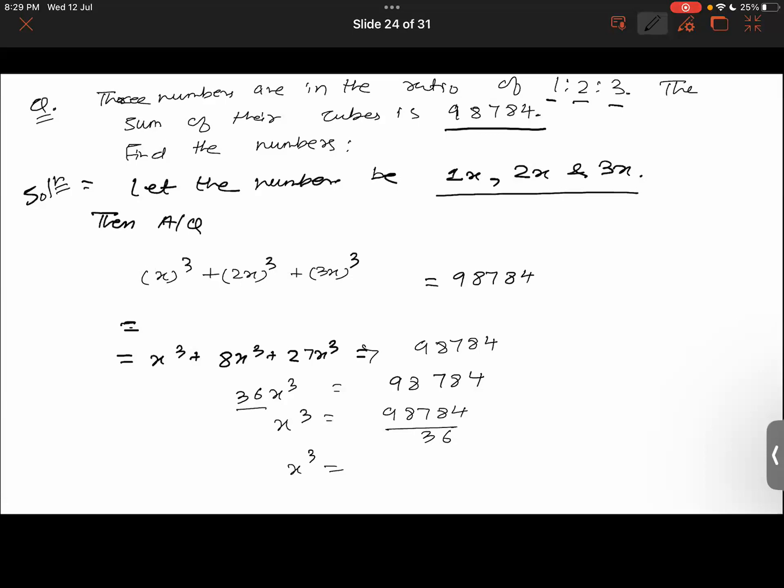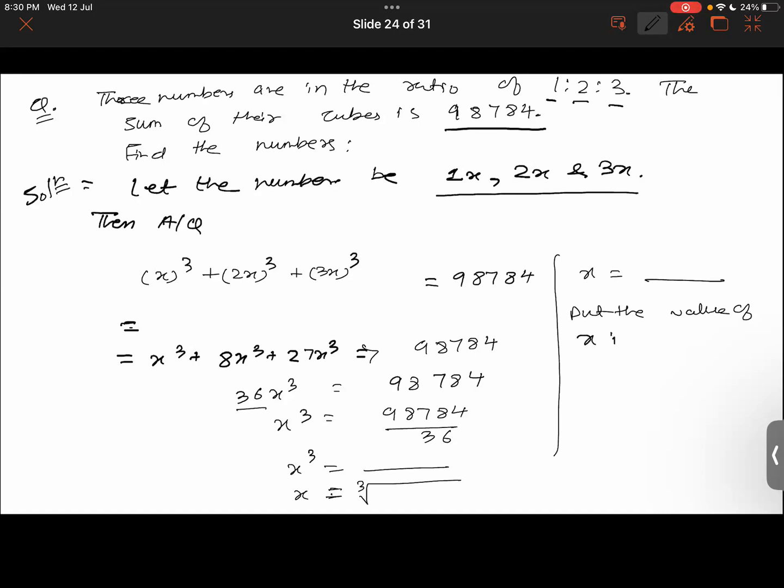Okay, so from here on, whatever value you get, just bring it under the cube. Then you will be getting a value of x. Now put the value of x here.